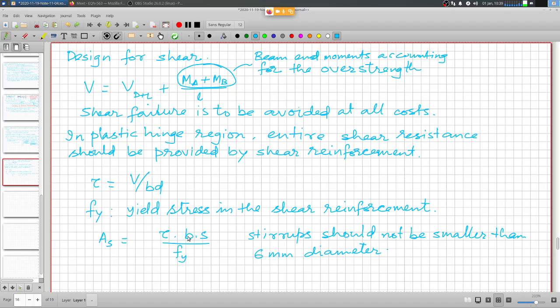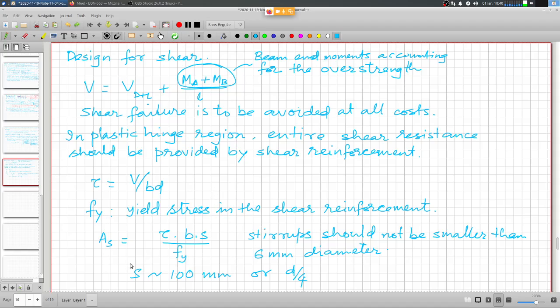Depending on the spacing, the spacing is generally kept at 100 mm or 1/4 of the beam depth, whichever is smaller, in the plastic hinge region.